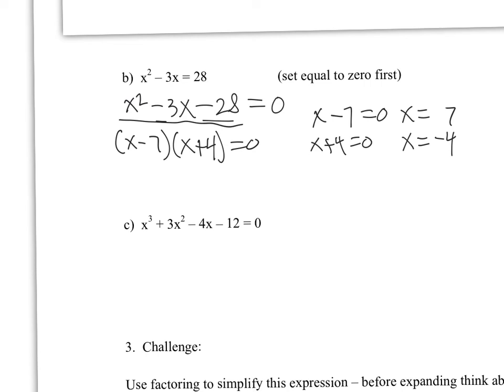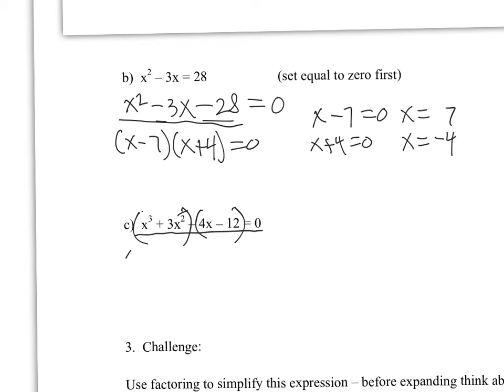So now we have a case where we have 4 terms. It is set equal to 0, so we want to see, can we factor this using our grouping? So let's do it like this, and we'll say, can we pull out anything common from this first term?